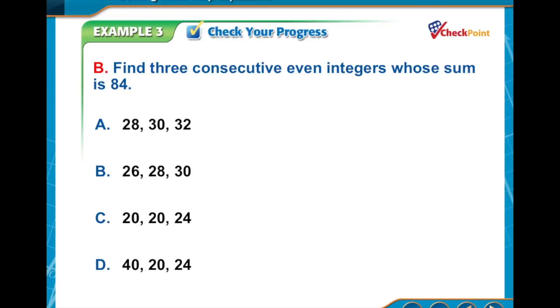So here's another example. If we're asked to find 3 consecutive even integers that add to 84, we could do that. And we know that it would have to be n plus, the second number is n plus 2, plus the third number is n plus 4, and they will sum to 84.